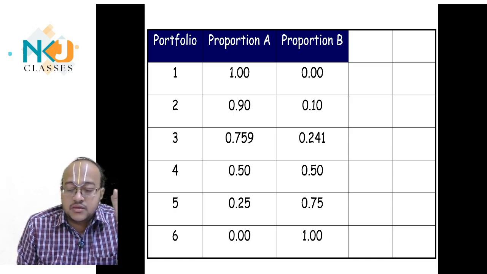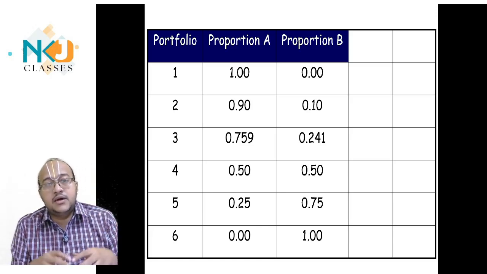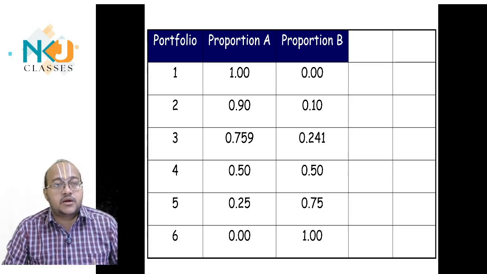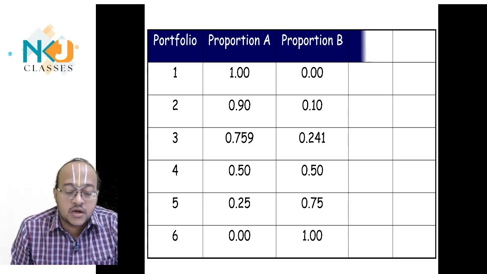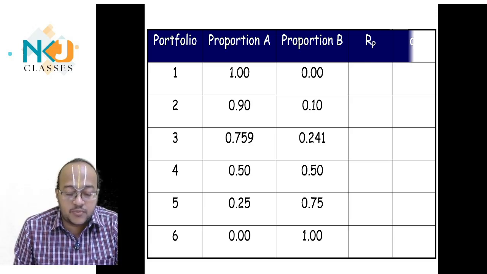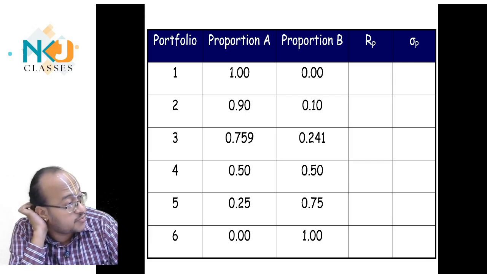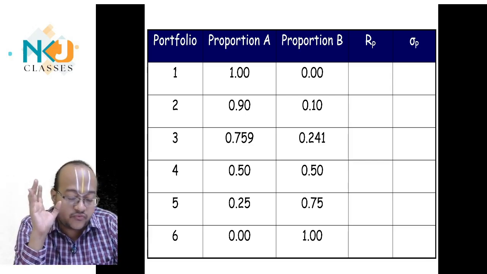Understood? This is how we start putting in various data and then see the impact on the portfolio. This is how Markowitz came up with his research. Shall we proceed? See here. Now what is happening? Return of the portfolio and risk of the portfolio. RP is the return of the portfolio. Sigma P is the risk of the portfolio.